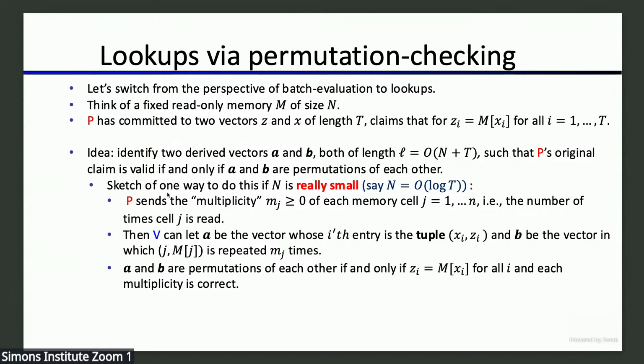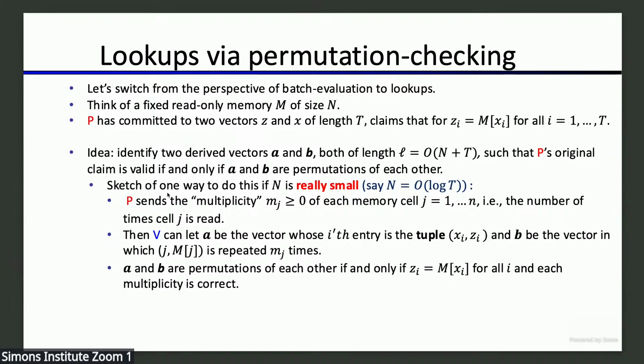There are many different ways you can do this reduction from the original claim to permutation checking, but let me give you the basic idea underlying all of them. Imagine that N is tiny. It's so tiny, I'm willing to tell you one number per memory cell. So what I'm going to do as the prover is explicitly send to the verifier a count for each cell, like the number of times it was read.